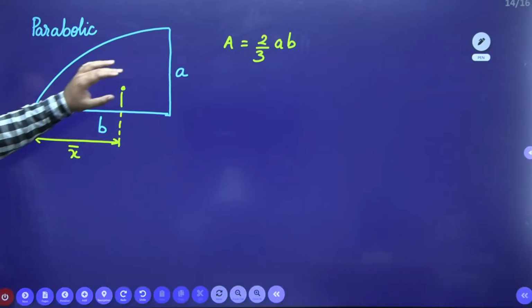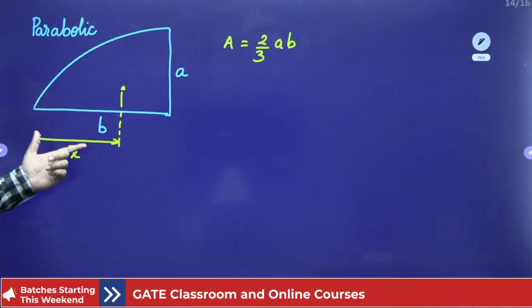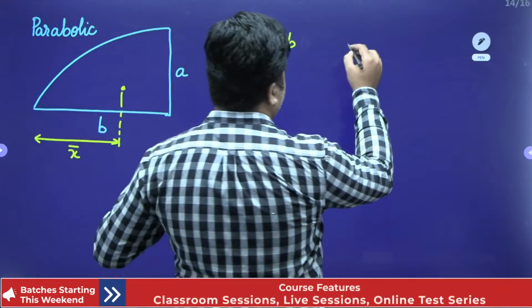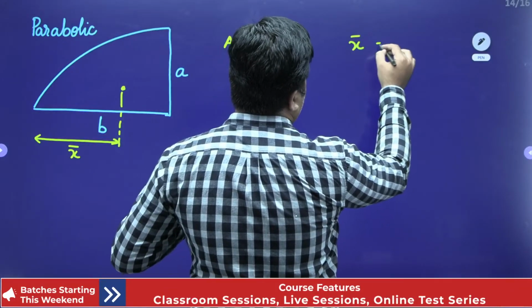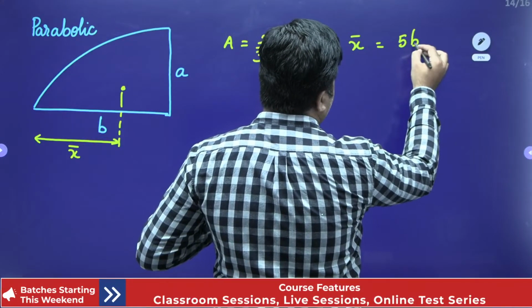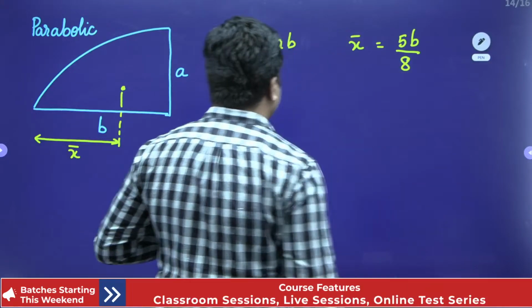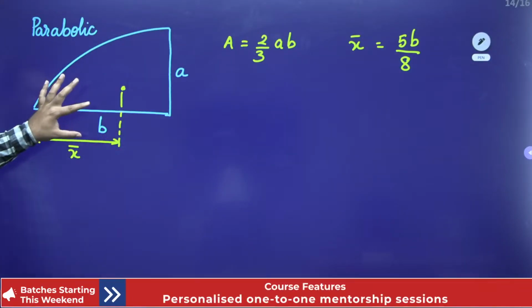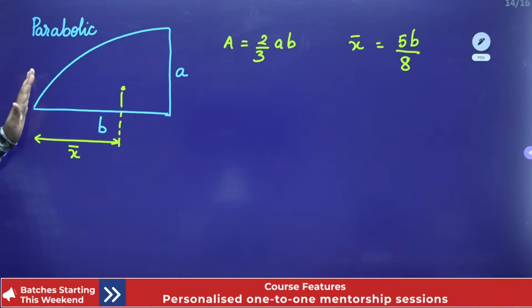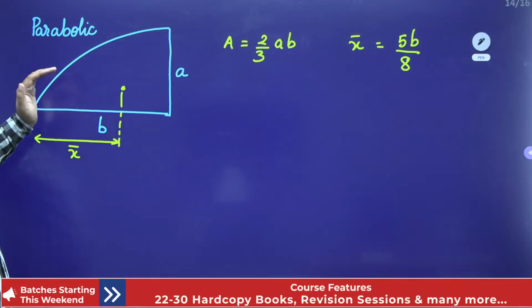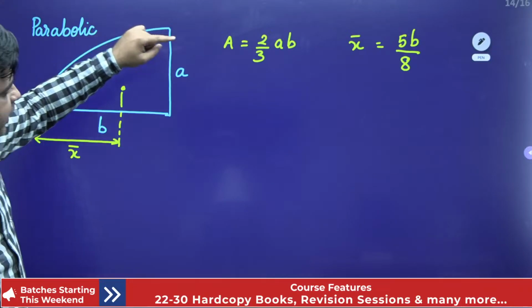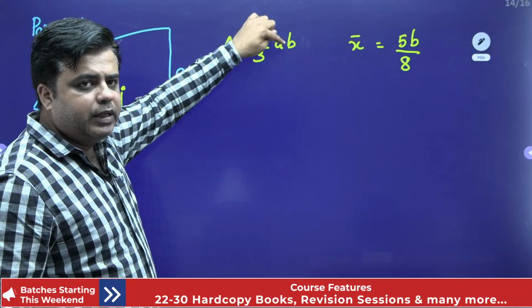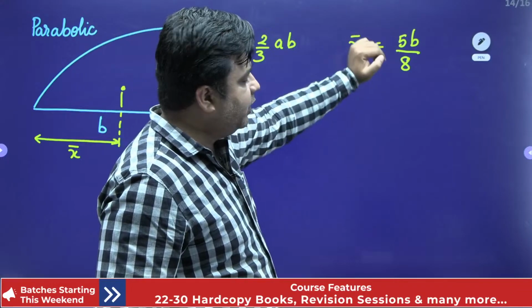And this x bar is 5B by 8. So when you have this convex shape of the figure, area is 2/3 of A into B and x bar is 5B by 8.